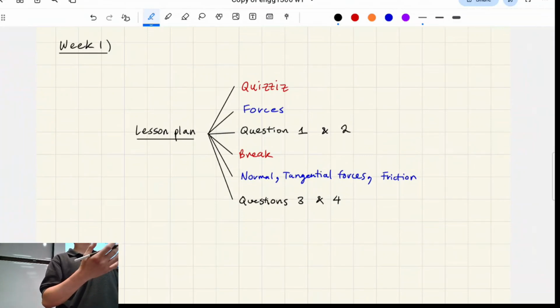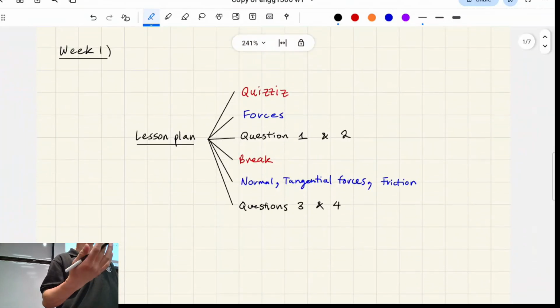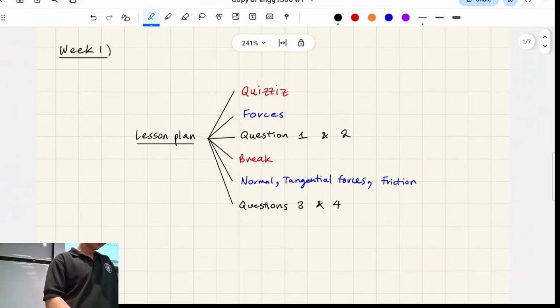I like to think of everything from a very practical point of view, which will give you a better understanding of how to solve the questions rather than the deep physics behind it. Then we'll do the questions. There's only 4, so it should be pretty short and chill. We'll have a break and everything.